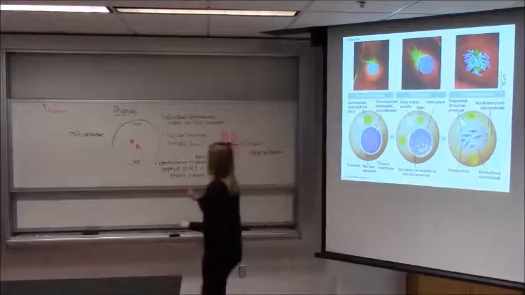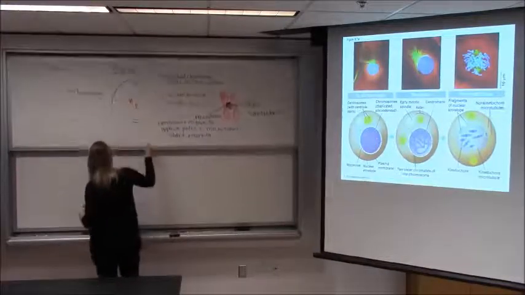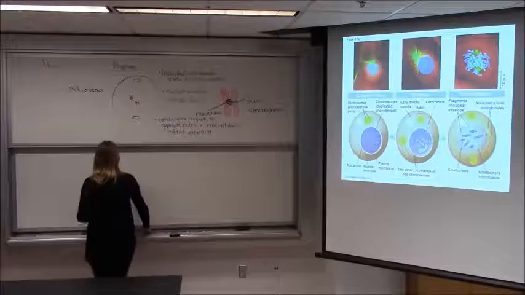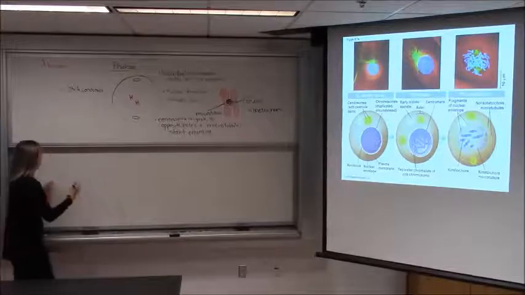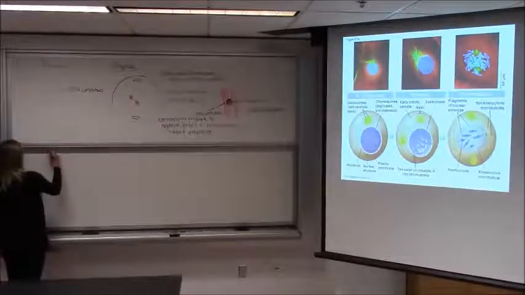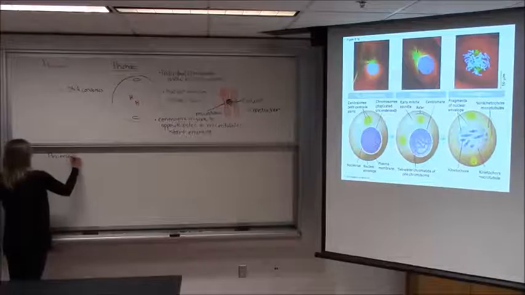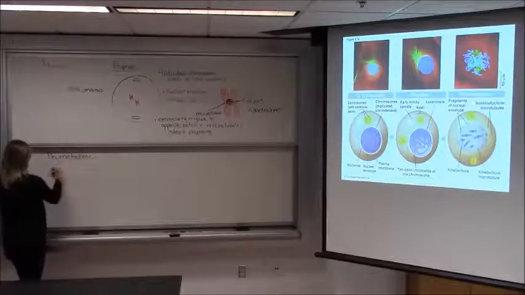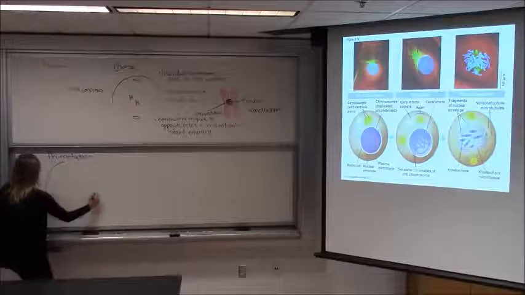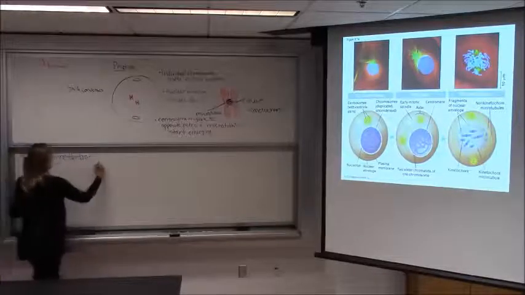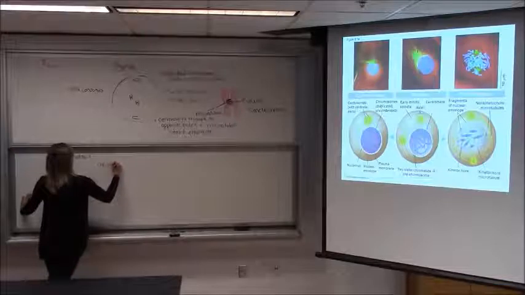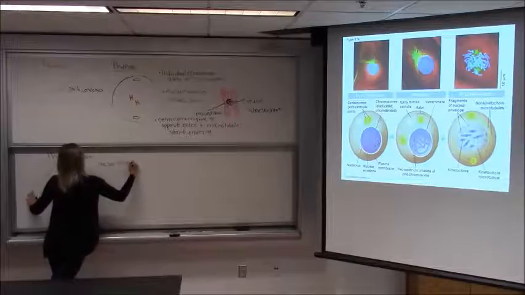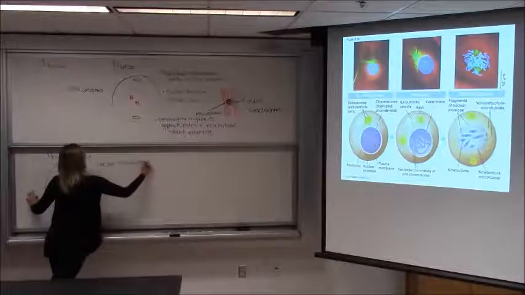So let's see what that would look like. As we enter prometaphase, the second stage of mitosis, between prophase and metaphase, the nuclear envelope has disappeared. So nuclear envelope gone.